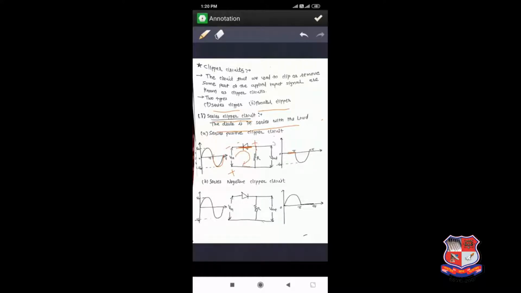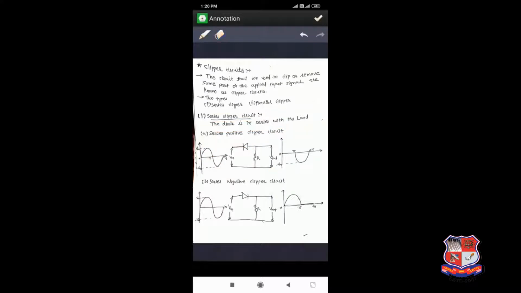The output voltage is equal to the input voltage, so for the negative cycle we get the output like this. The positive portion of the input signal is skipped, so it is called a positive clipper circuit.